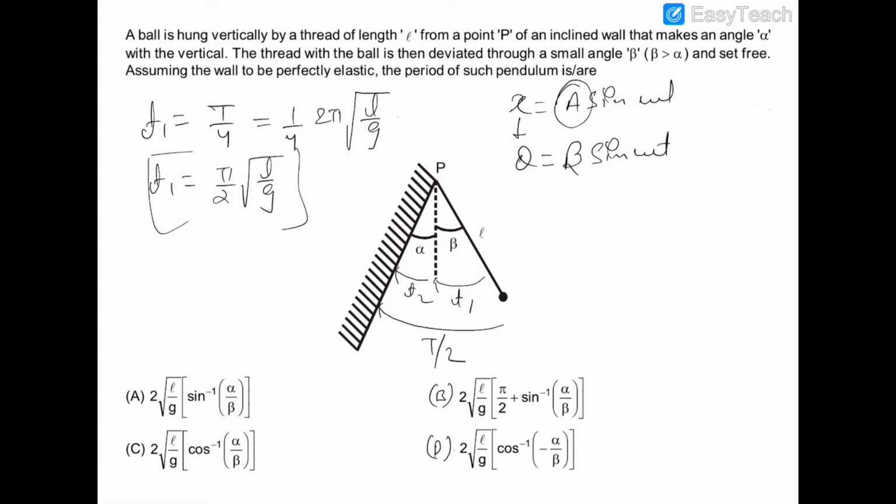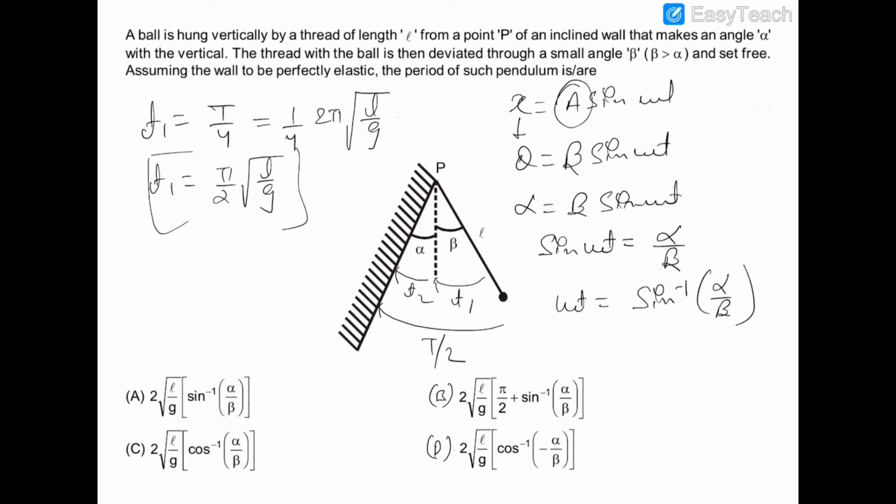So we are finding out the time taken by the pendulum to reach from mean position to this angular displacement alpha. So alpha will be equal to beta sine omega t, and sine omega t will be equal to alpha upon beta. So omega t will be equal to sine inverse alpha upon beta, and omega is under root g by L. So t will be equal to under root of L by g sine inverse alpha by beta.